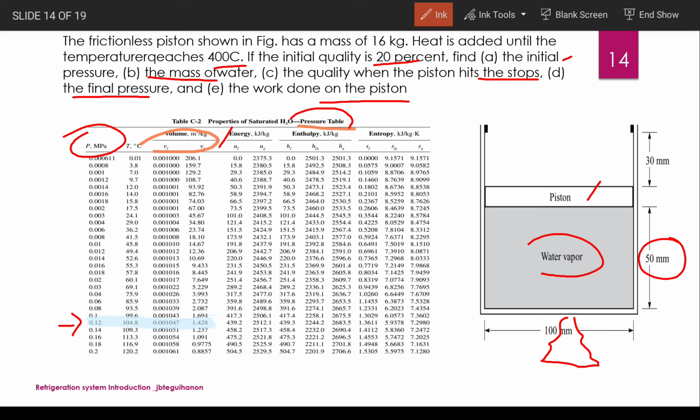And here are the corresponding properties in terms of Vf and Vg. I'm going to remind everyone about this pressure. I'm going to write here inside the table a pressure-specific volume diagram, and you are going to have a property graph like this. This is your critical point on top, CP.